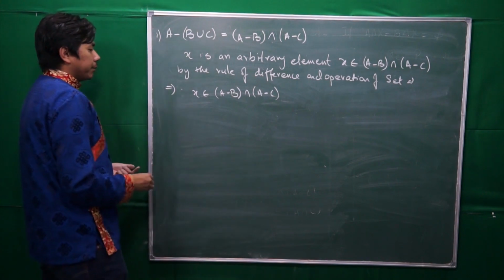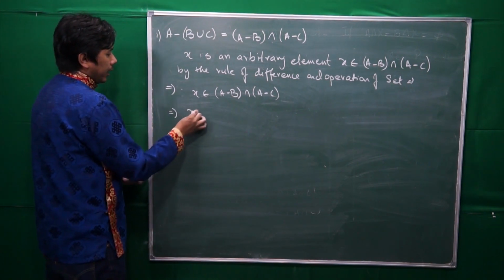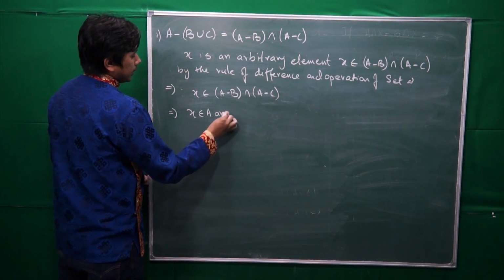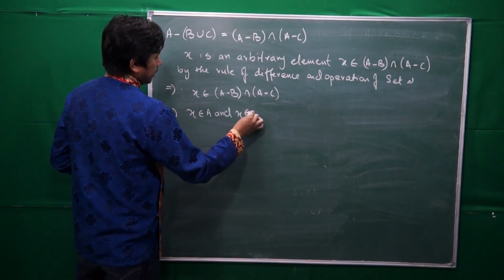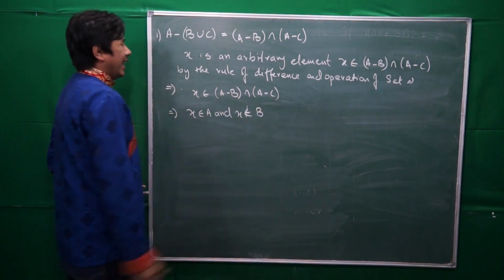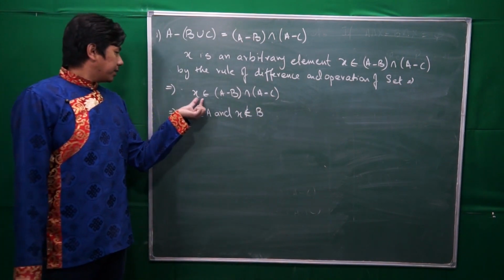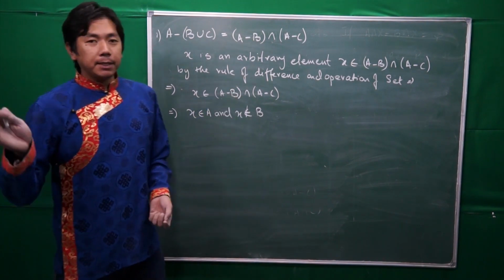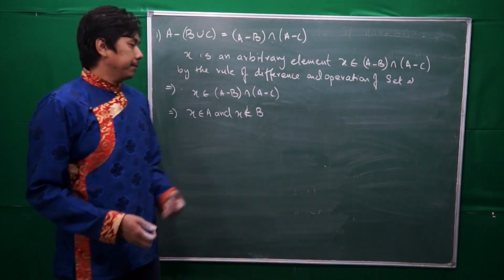This can be further broken down into X belongs to A and X does not belong to B. As you can see clearly over here, X belongs to A minus B. Minus B means the B elements are being removed from the set. Okay.